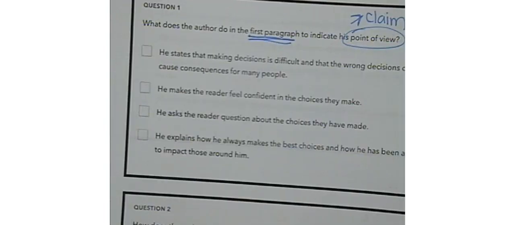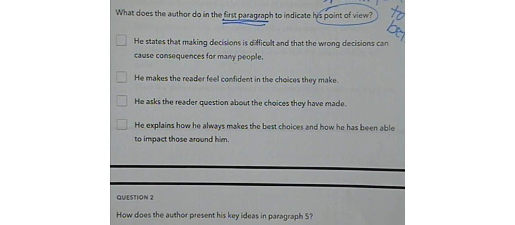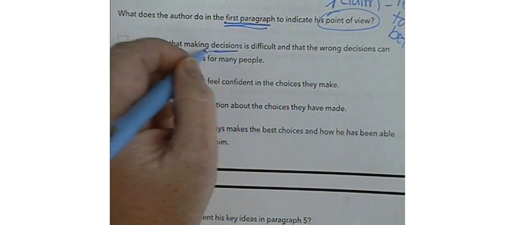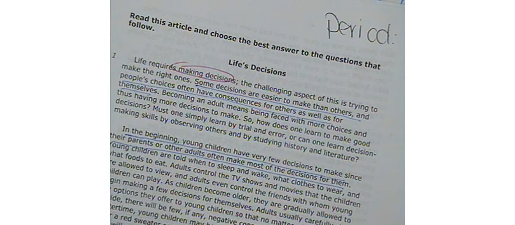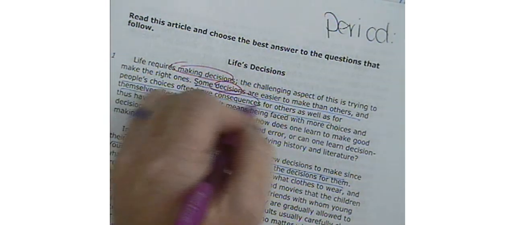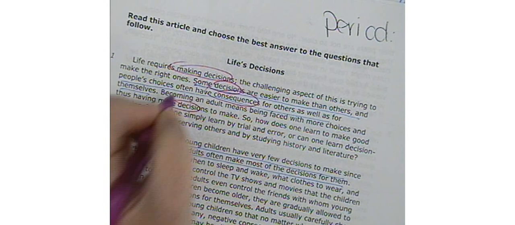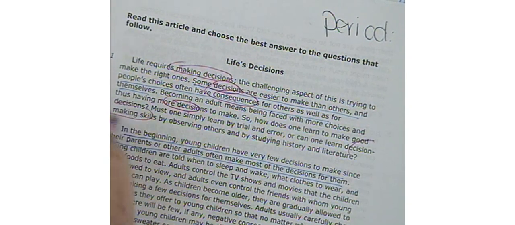So A says he states that making decisions is difficult and that the wrong decisions can have consequences for many people. I want you to pick up on keywords: decisions, making decisions, wrong decisions, and consequences. When I look back at the text, those are words that I notice a lot: making decisions, decisions again, consequences, decision-making skills.